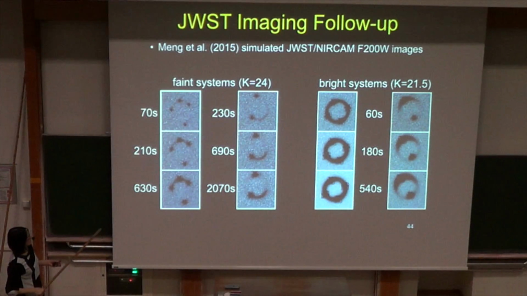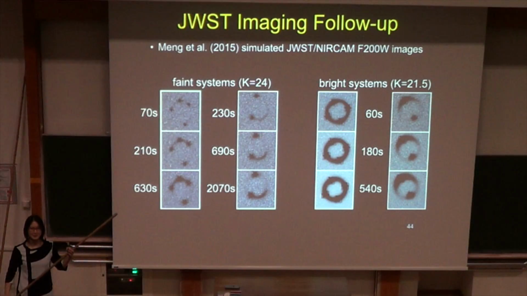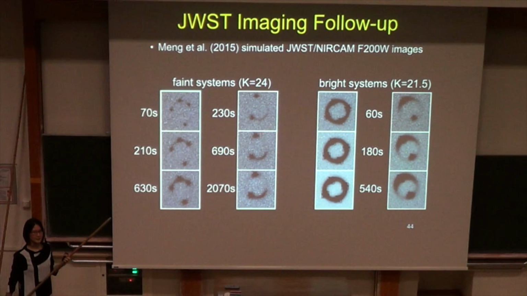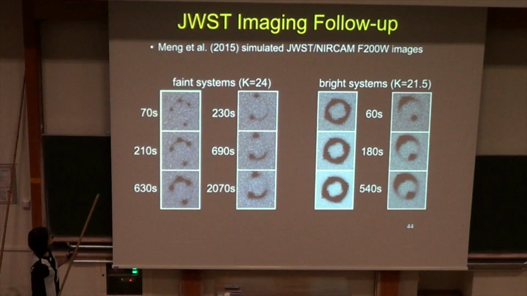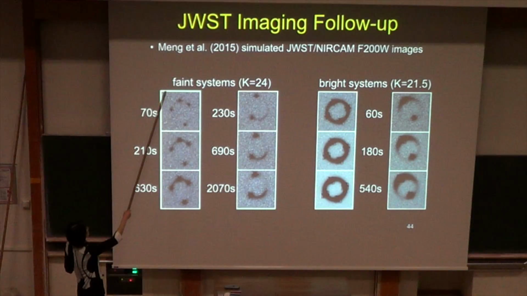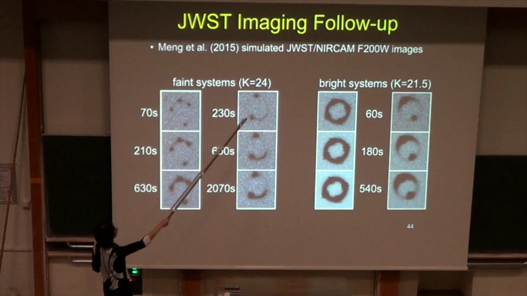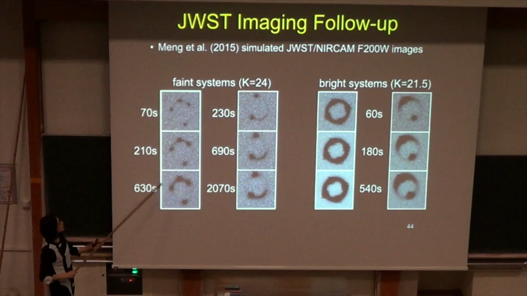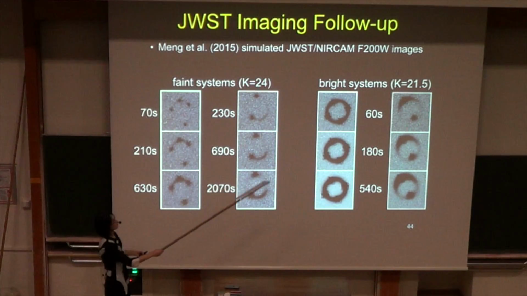So the ground-based AO is great, but we will soon have JWST, the James Webb Space Telescope, that's scheduled to launch in 2018, next year. And JWST will be fantastic. Moe and collaborators simulated JWST NIRCam images of different lens systems shown here. There are faint systems, and then bright ones.